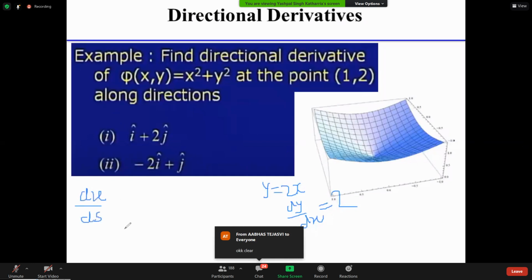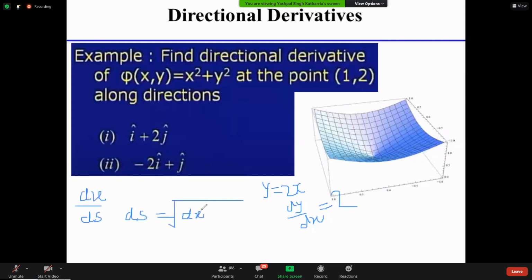So how to do it? We know this ds has got a relation with dx and dy. So this ds is actually given by square root of dx square plus dy square.